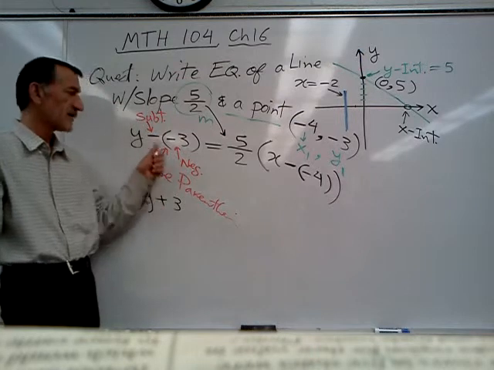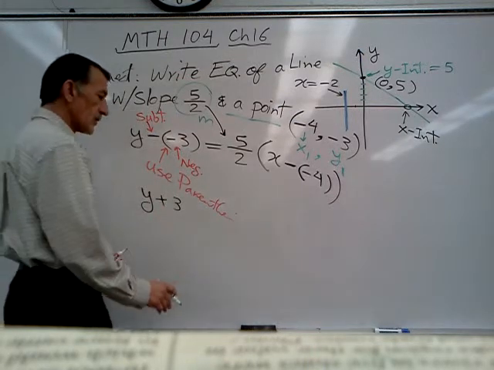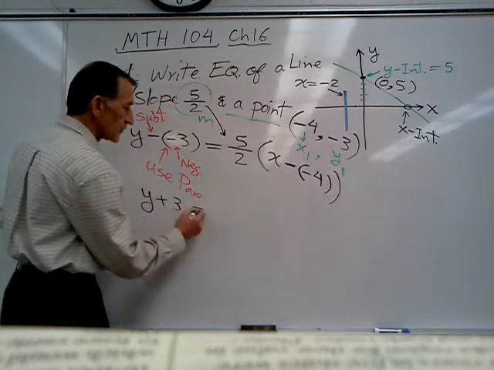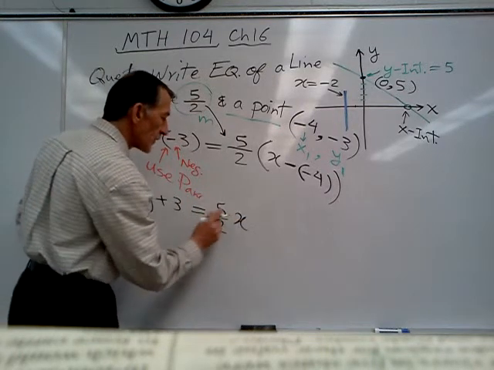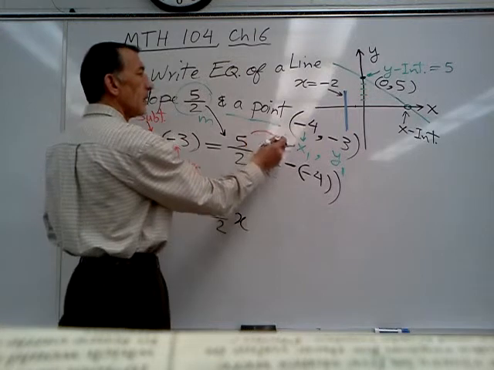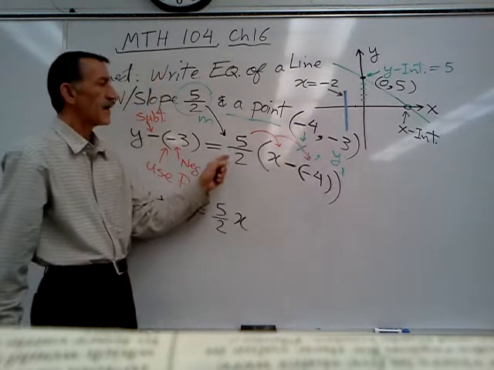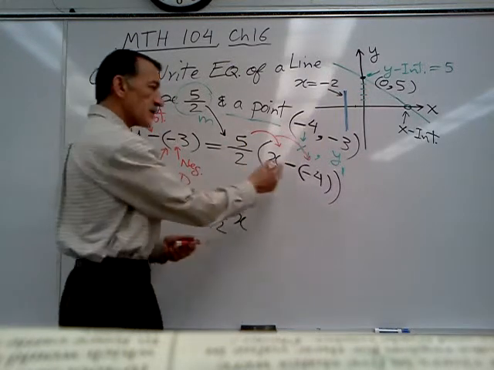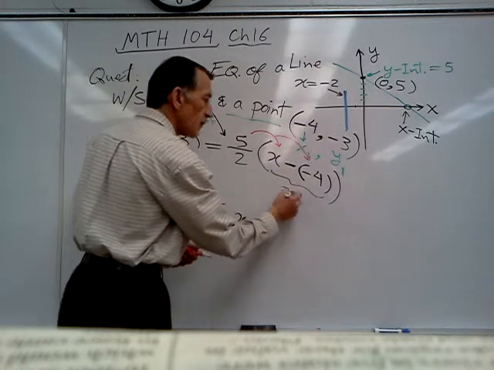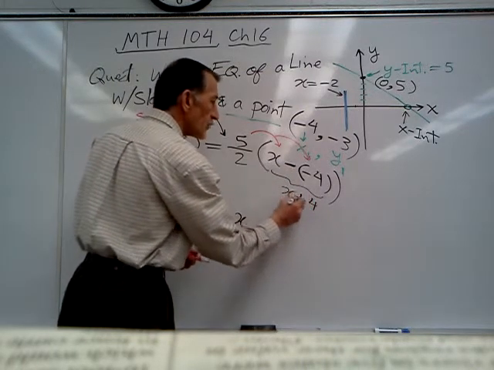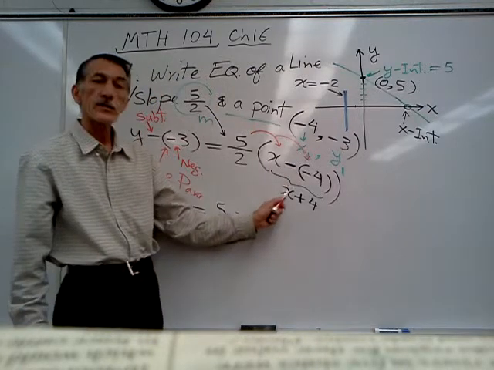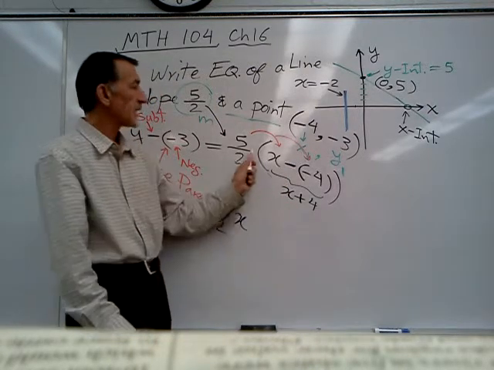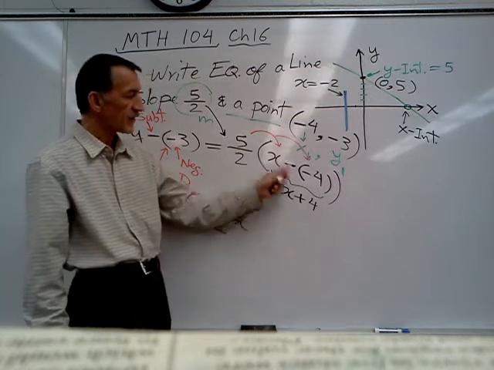You're done with that, and then equal to 5 over 2 times x. You do this distribution law, multiply 5 over 2 times the first, times the second, plus this side is going to give you x plus 4. And you know that too. So x minus negative is going to give you plus.